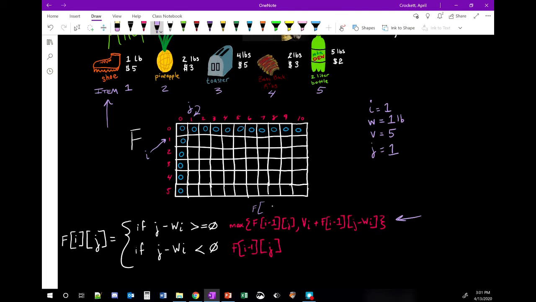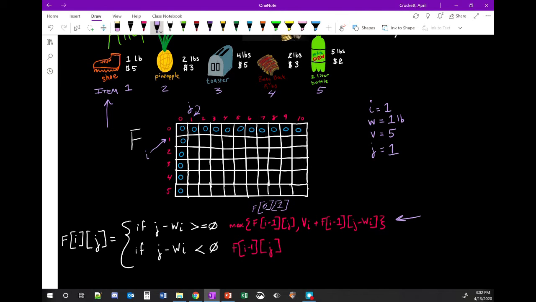So I is 1, 1 minus 1 is 0, f sub 0 sub 1, because j is 1. Or, is that a maximum value? Or is the value, which is 5, plus f of 1 minus 1 is 0 for the row, and the column is 1 minus the weight, which is 0. F of 0, 0.